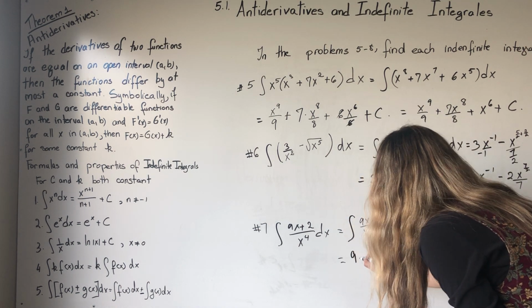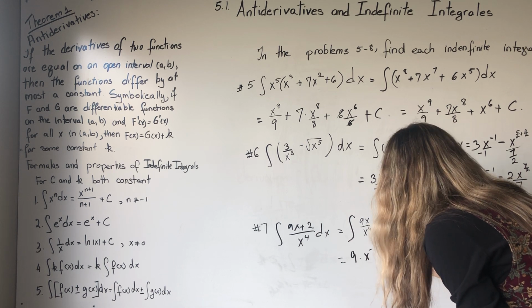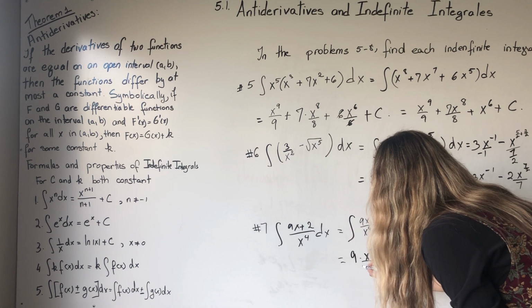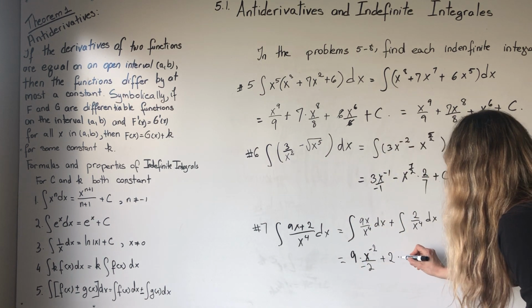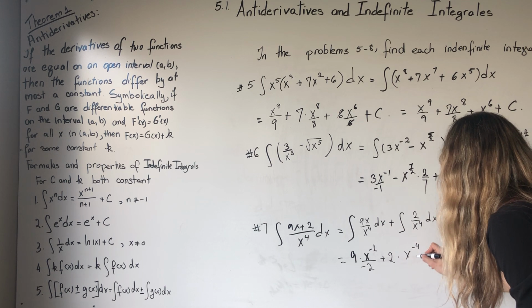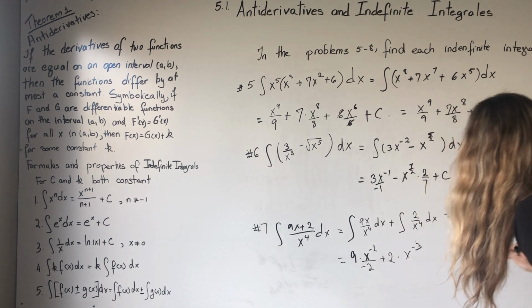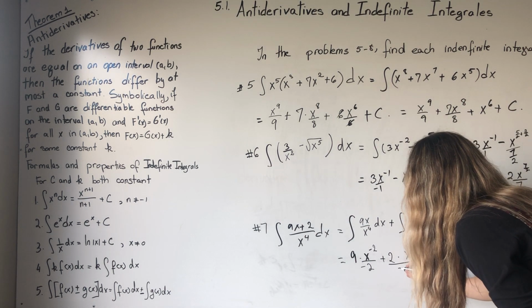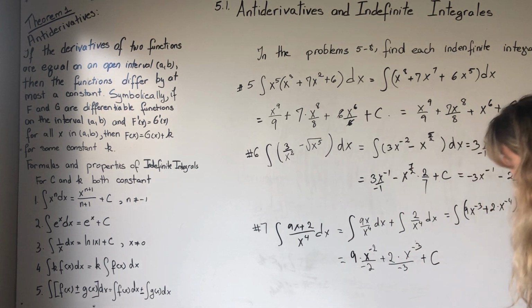Okay. So this one is equal to 9 times x to the power of negative 2 over negative 2, plus 2 times x to the power of negative 4 plus 1, so it will be negative 3, right? Because negative 4 plus 1 is negative 3, divided by negative 3, plus the constant c.